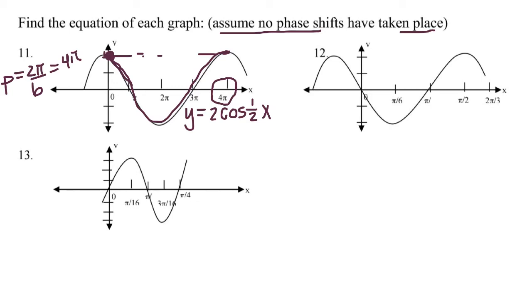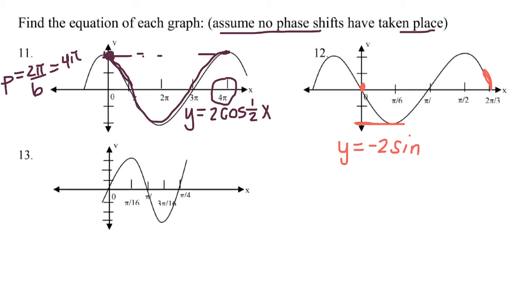Okay, using the same idea over here for number 12, we would have y equals, and we are starting here at 0, so it looks like a sine function, but it looks like we're flipped upside down a bit. So I know there's probably going to be a negative involved, and it looks like I'm hitting down here at -2. So -2 sine. And we need to see what the period is, and notice here that didn't run off, but that should be all the way at 2 pi over 3.